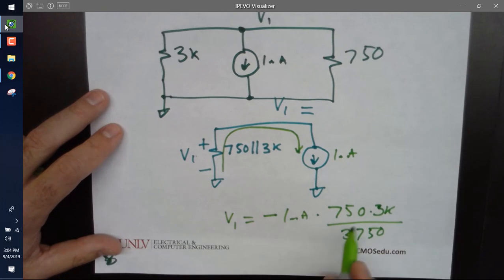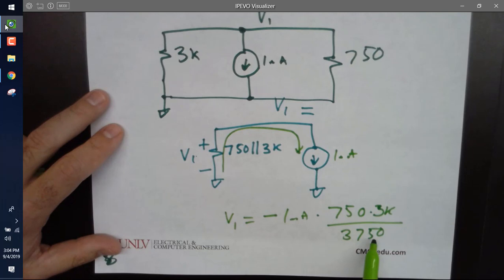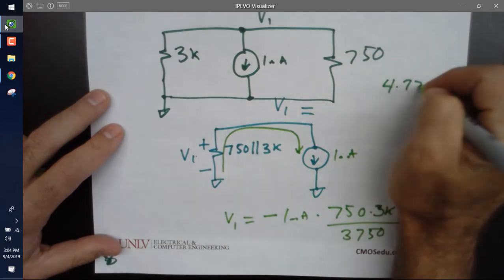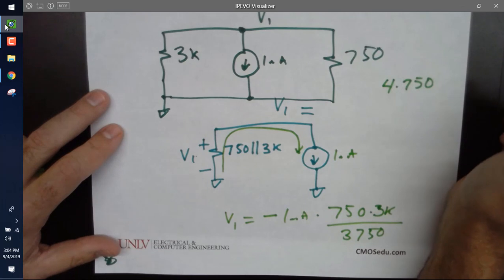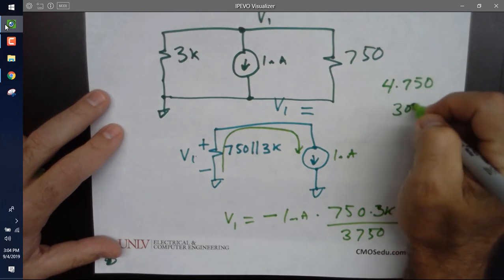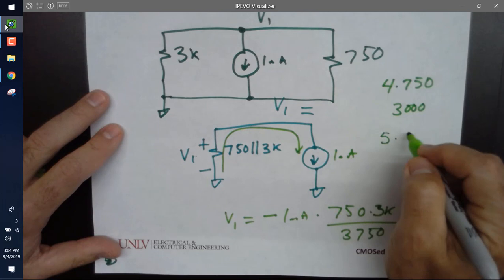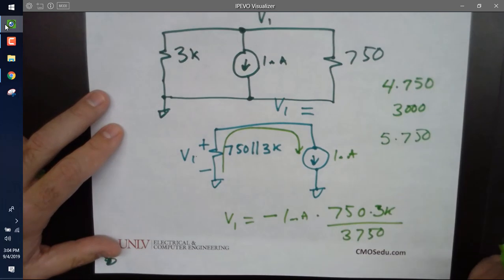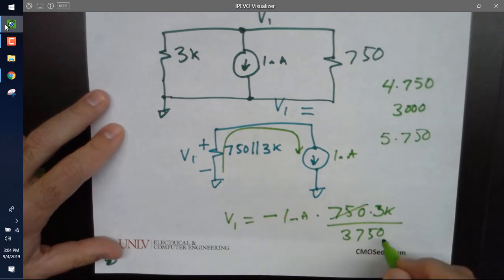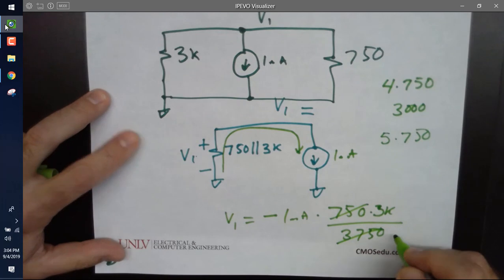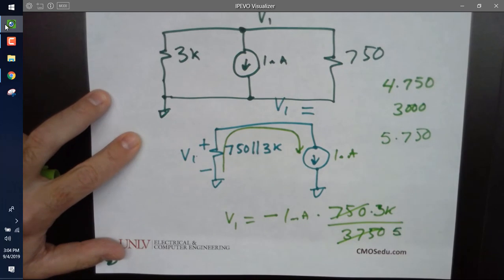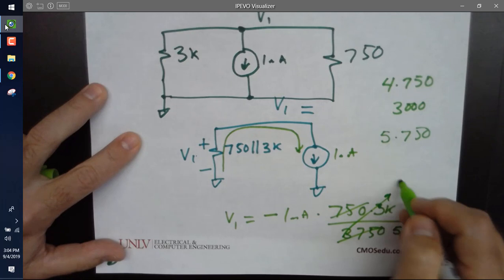What's 750 divided by 3750? What's 4 times 750? This is a good thing to remember. So what's 5 times 750? So what is this reduced to? And what's 3K over 5? So what's the answer?